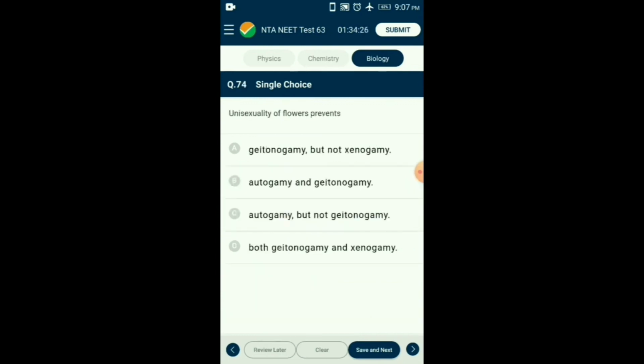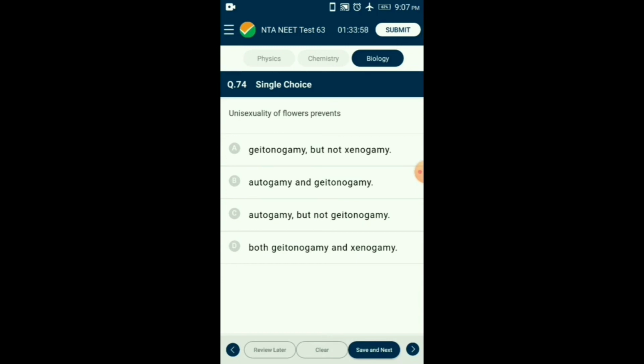Question number 74. Unisexuality of flowers prevents: unisexuality or diclinism is a condition in which 2 types of unisexual flowers are present. Staminate, that means male flower, and pistillate, female flower. The plant may be monoecious or dioecious. This is a device for cross pollination or xenogamy.